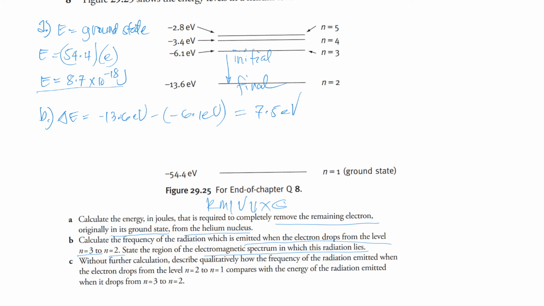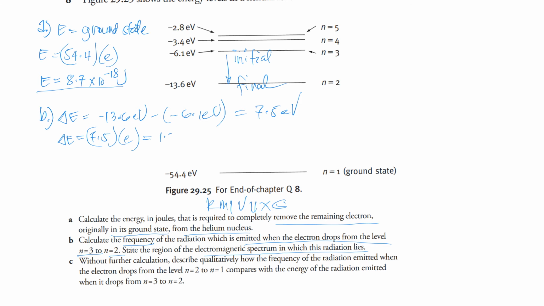Now we can calculate our f. Let's go to energy first. Your change in energy here is equal to 7.5 times e, the charge of the electron.